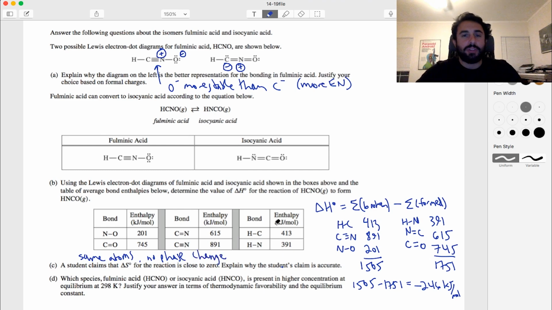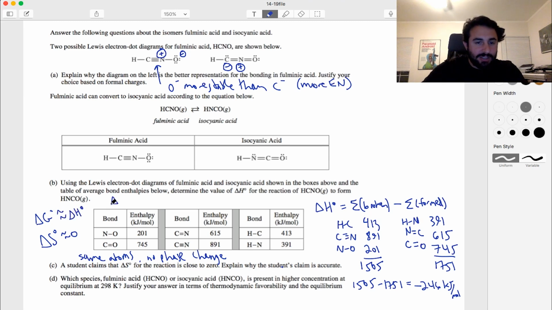Right? So with entropy, we're thinking about numbers of molecules, and we're thinking about phase as well. And so neither of those change. That's important because we're trying to talk about the thermodynamic favorability and the equilibrium constant. So if delta S is approximately 0, then delta G is approximately delta H, right?